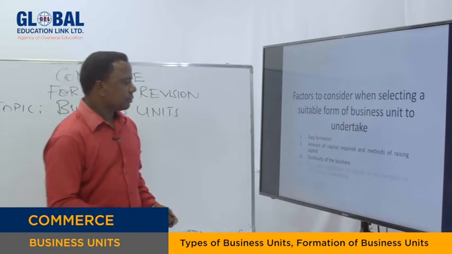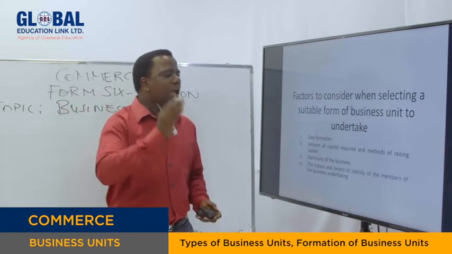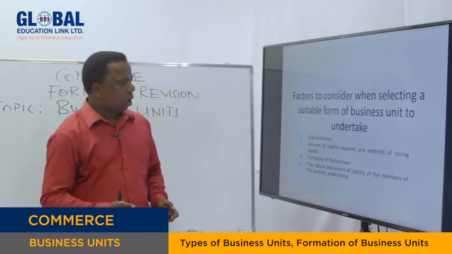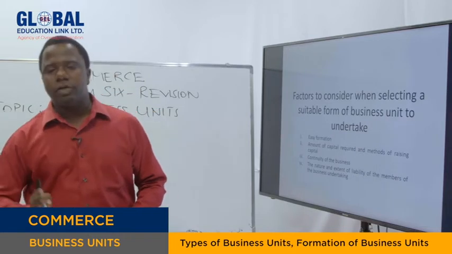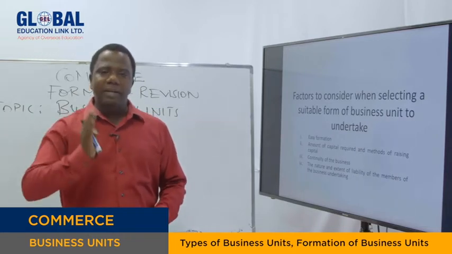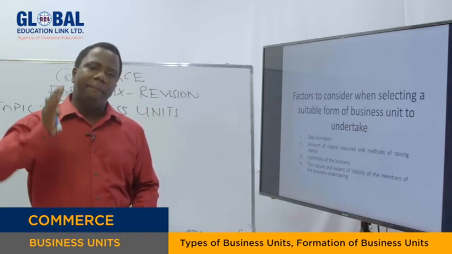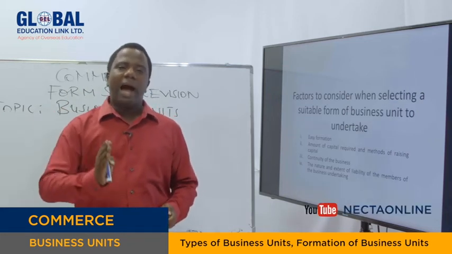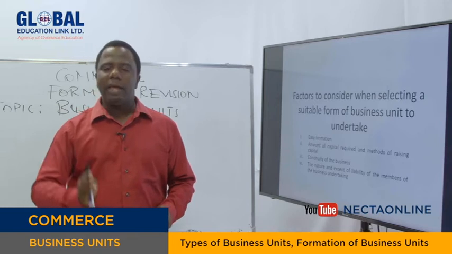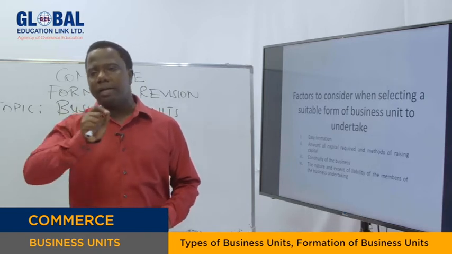Another one is the nature and extent of liability of members of the business undertaking. So you must consider the liability. There are some business units whose liabilities are limited, while other business units have unlimited liability.